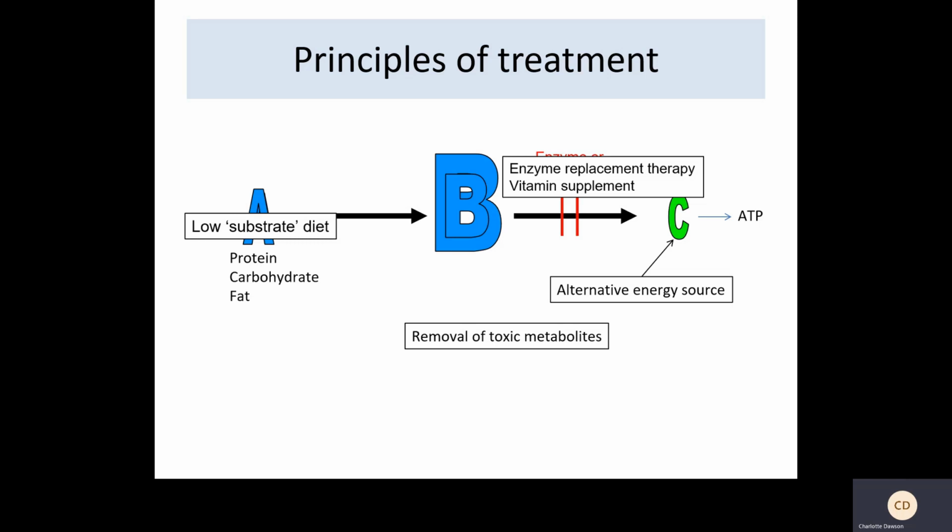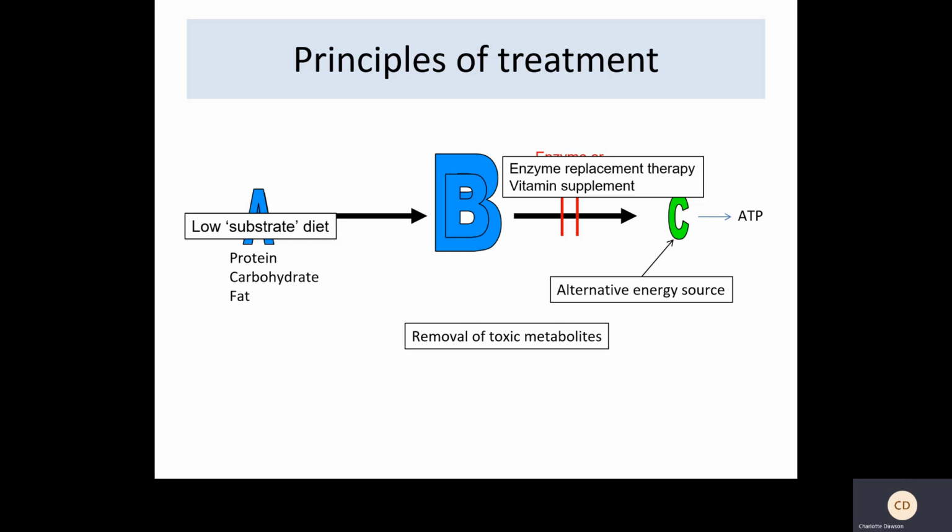In some cases, we can give very high doses of vitamin cofactors to overcome the metabolic block, either partially or fully. And in some disorders of vitamin or metal ion metabolism, we can give a very high dose of that vitamin to overcome the metabolic block. The other way we can diminish substrate B is to give a low substrate diet.